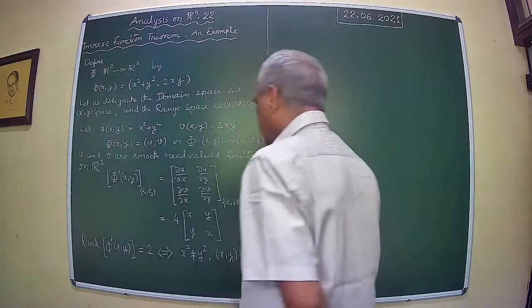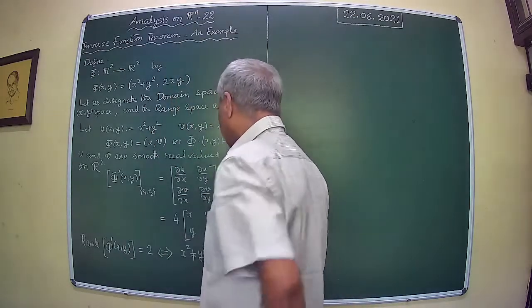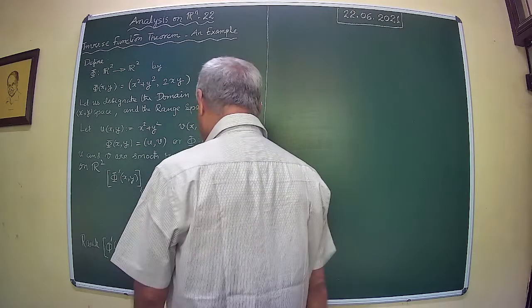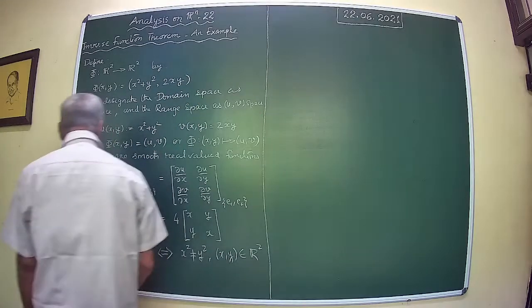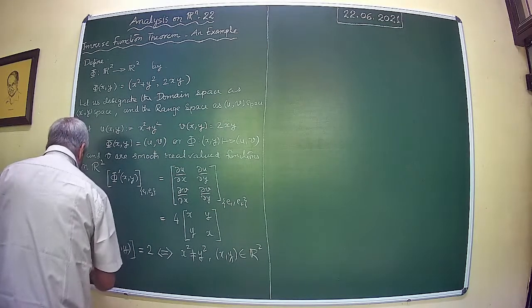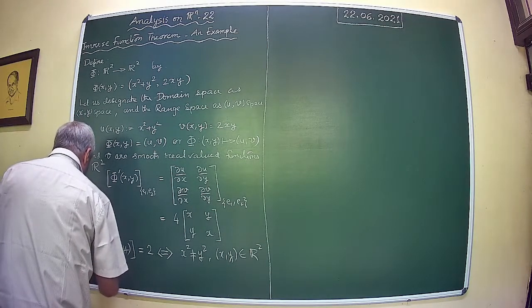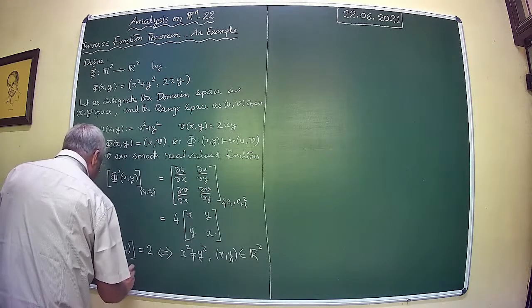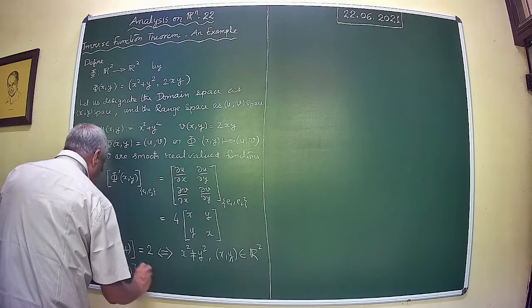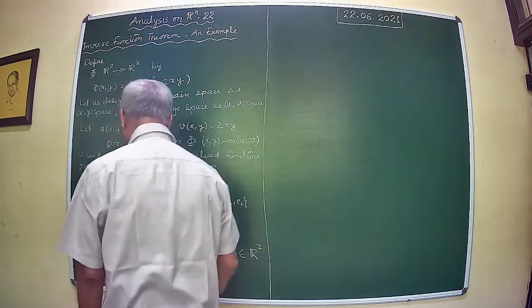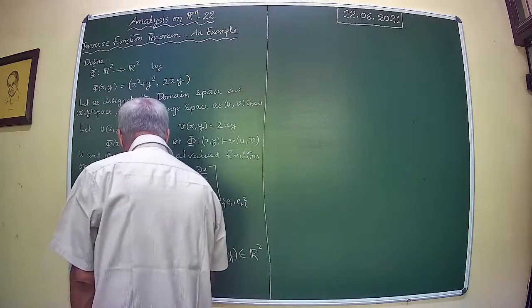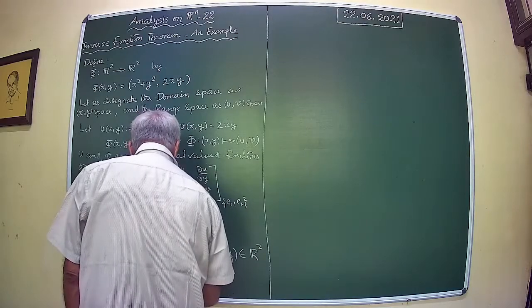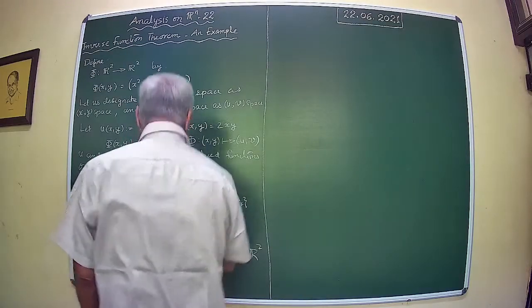That comes from here. The determinant of this is equal to 0 if and only if x square minus y square equal to 0. That is determinant of this.